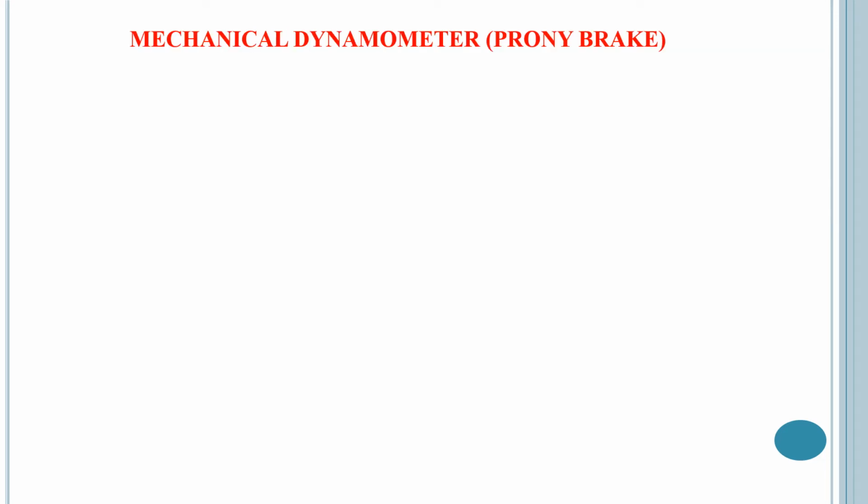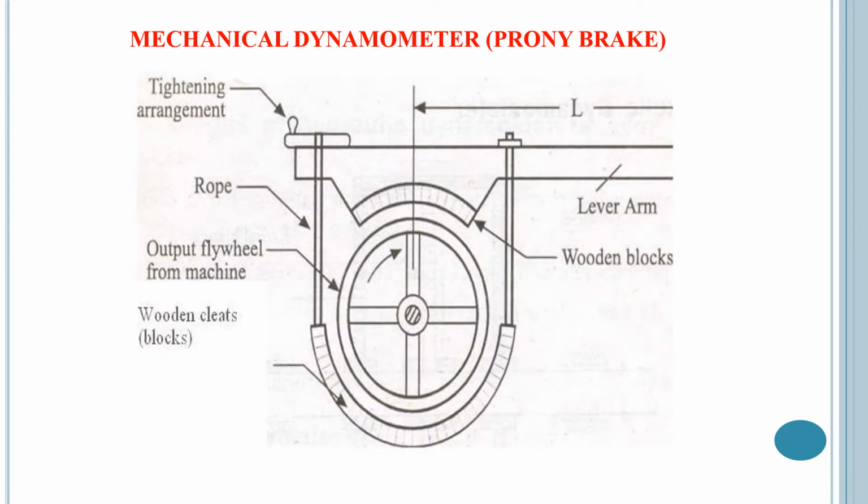The next one is the mechanical dynamometer, which is also called the Prony brake. Here in the figure you can see that we have a flywheel which is from a machine, and it is rotating.